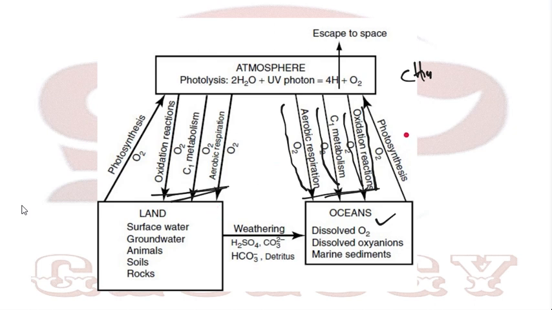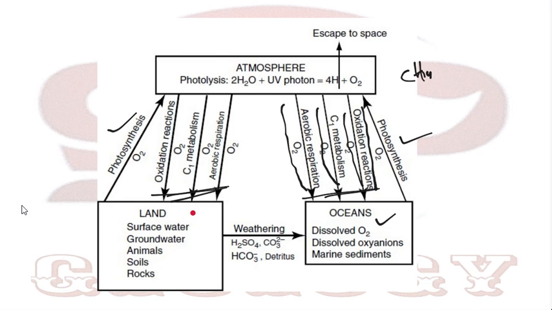The only process by which oxygen escapes from the surface is photosynthesis, where the plants use carbon dioxide and release oxygen. In the case of carbon dioxide, that is the process that brings carbon dioxide to the surface.